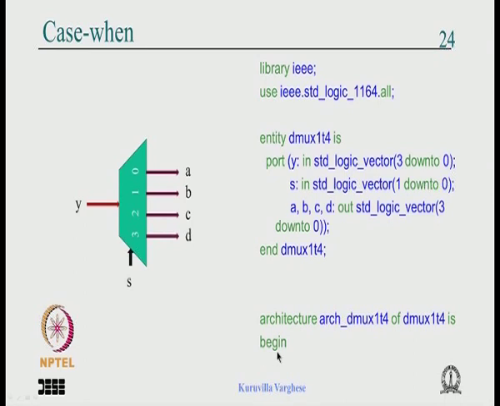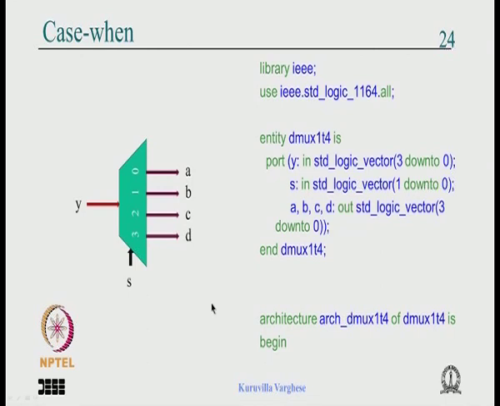So you say begin. Now we are going to write the case statement for this, and remember the case can be used only in a sequential body. So we are going to write a process, within which we are going to write the case. Now the next question is what should be in the sensitivity list.